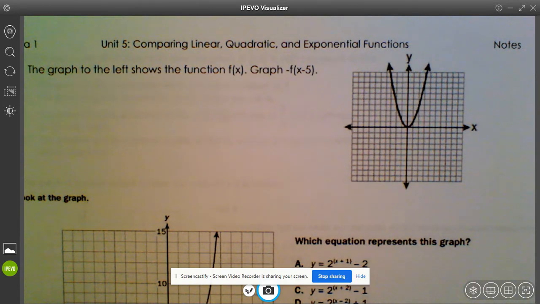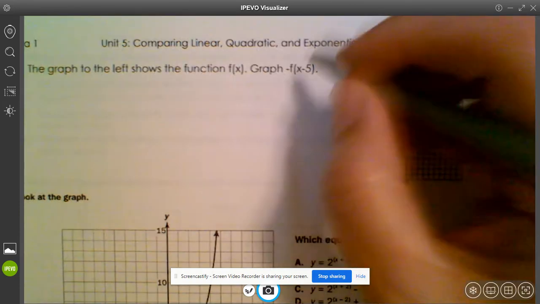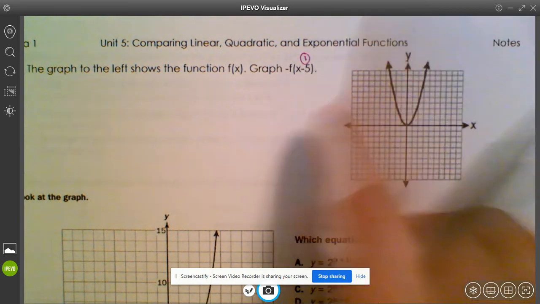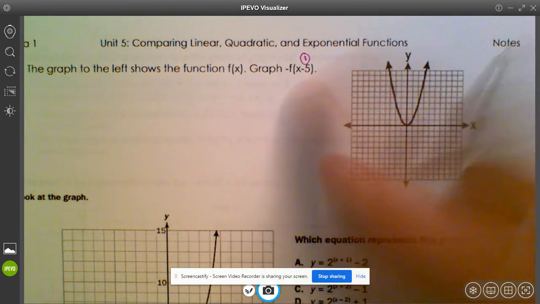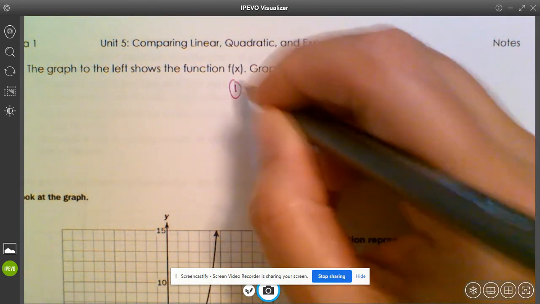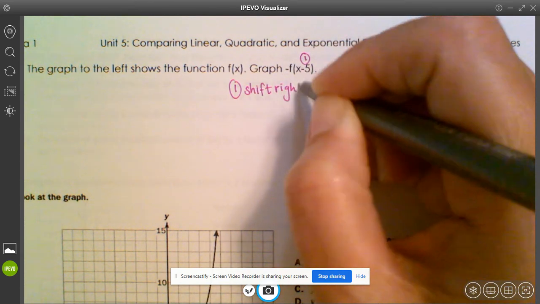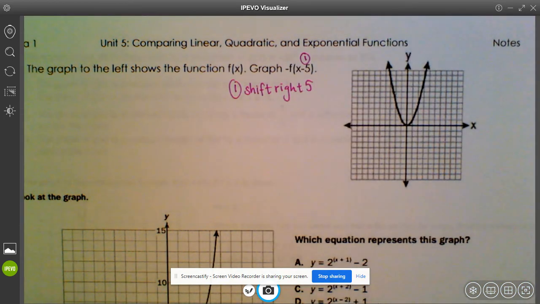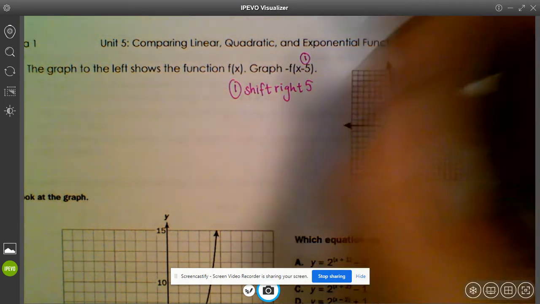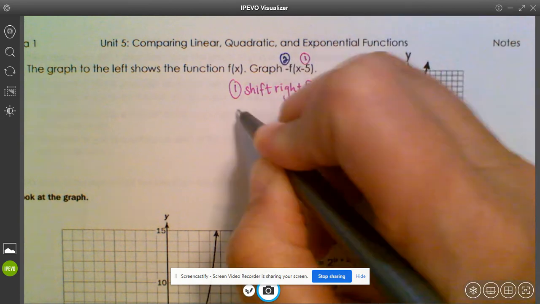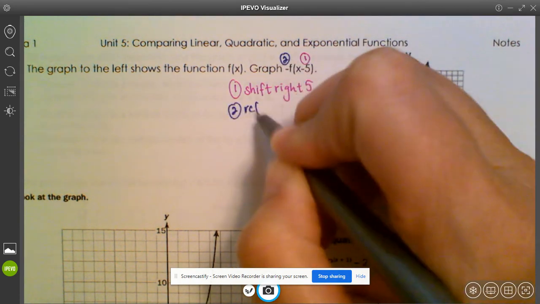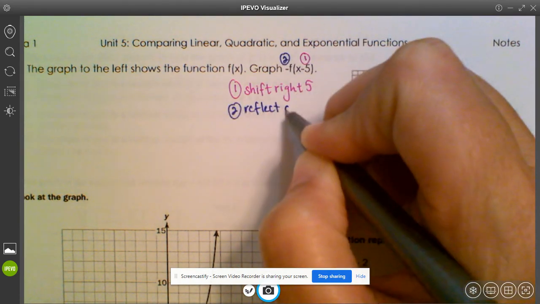We need to know what transformations are occurring. So this is our first transformation. Remember, when we're subtracting inside the function, that means we're going to shift to the right 5. And then I see that we're multiplying by a negative, and that will be our reflection on the x-axis.